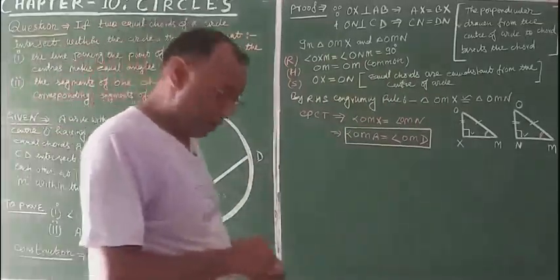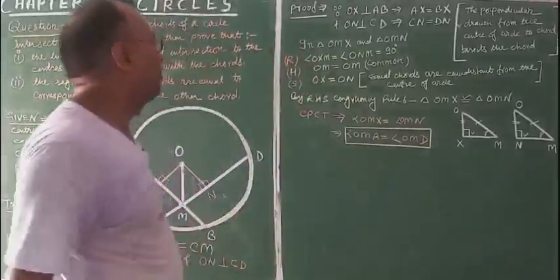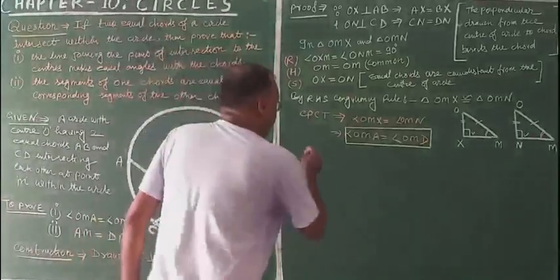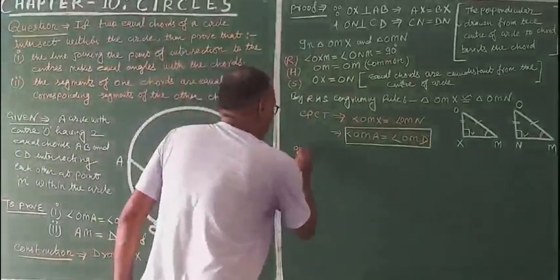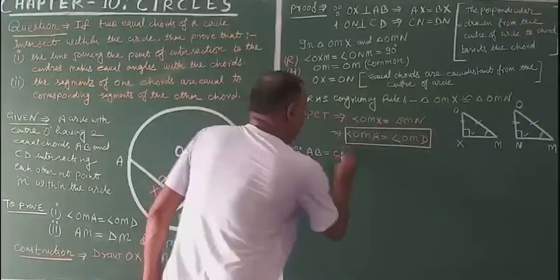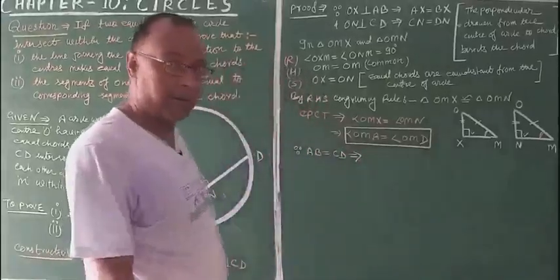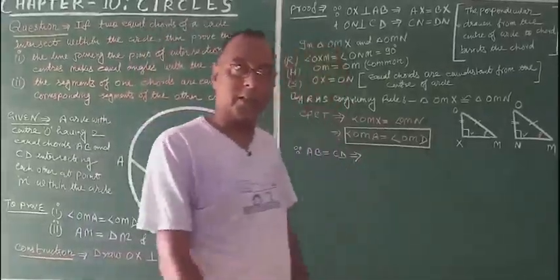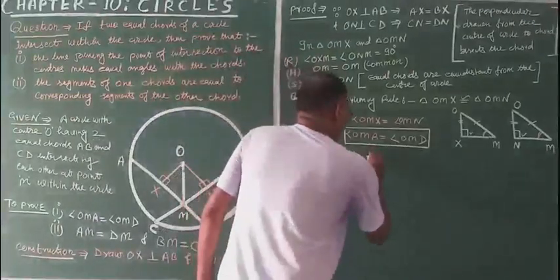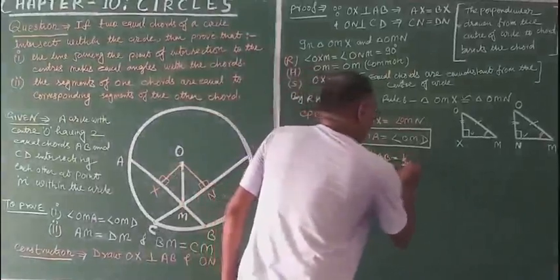Now, for the proof of the second part, we have this. It is given AB is equal to CD. AB equal to CD is given. Therefore, their halves will also be equal.